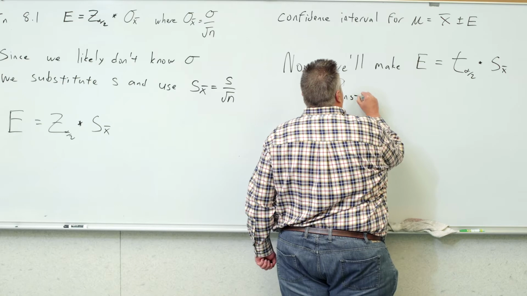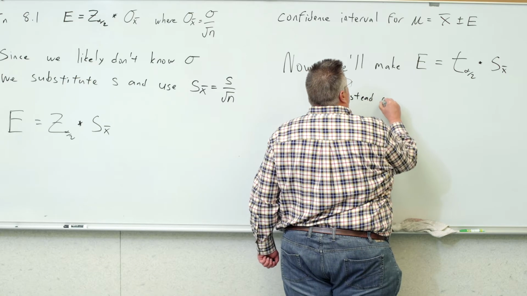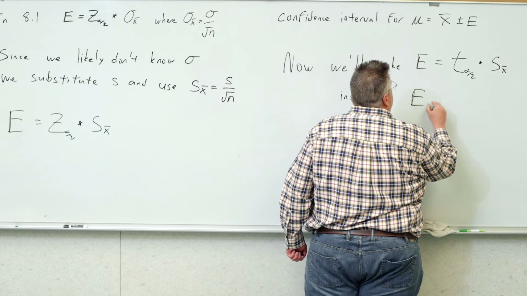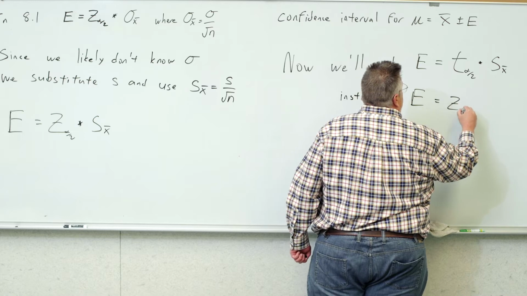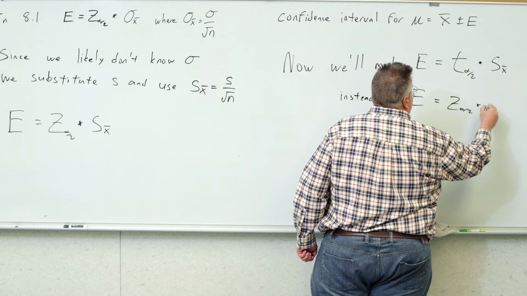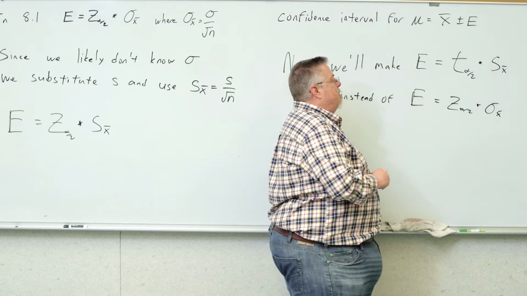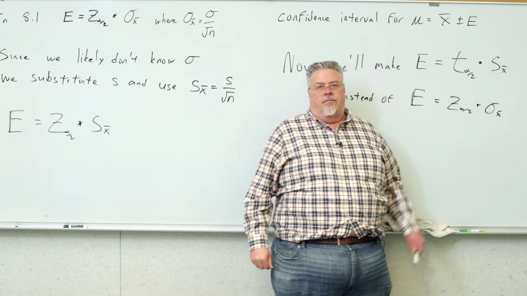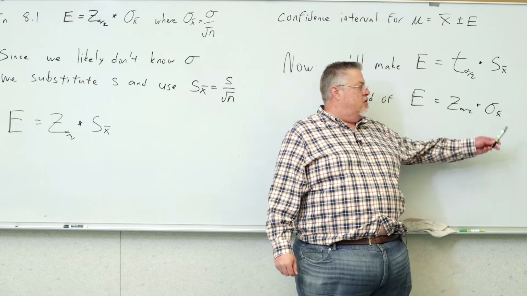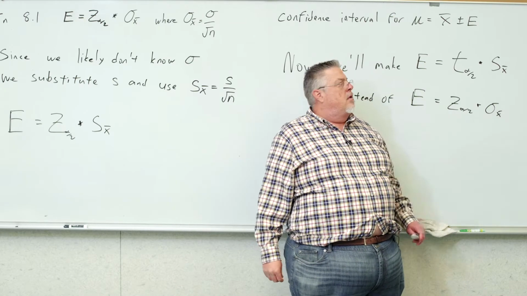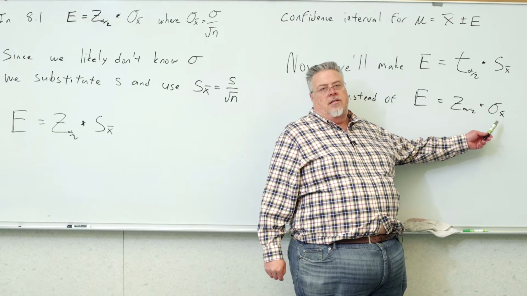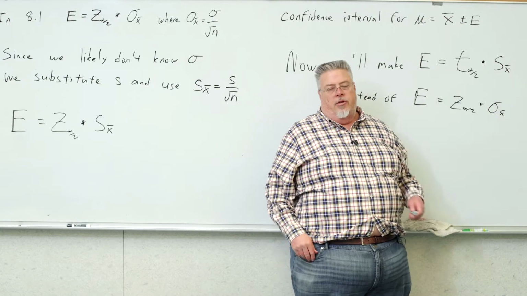So we're doing this instead of e being z of alpha over 2 times sigma of x bar. This is what we'd like to use, but we can't because we don't know sigma. We started substituting s, but we found s was a little bit too small.